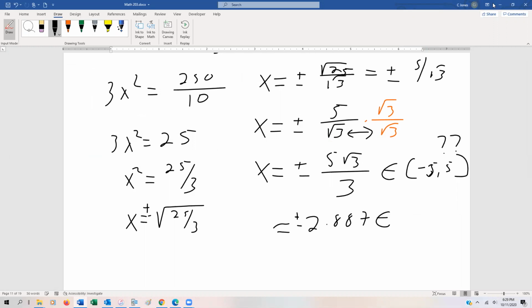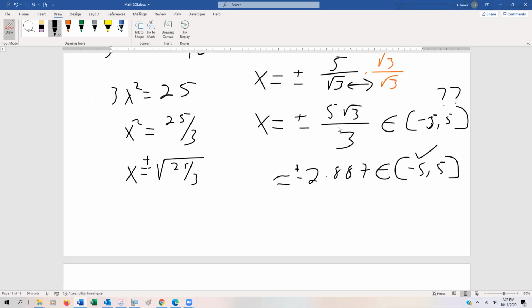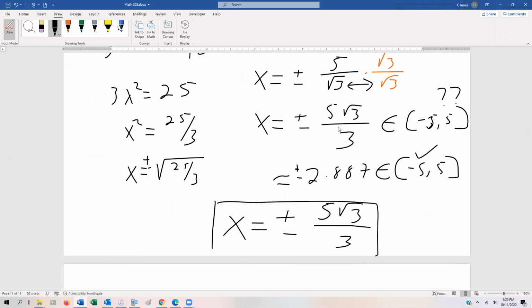And clearly both of those numbers are between -5 and 5. So that's good. So this is one where we actually get 2 solutions. And so the 2 values that are going to satisfy this are going to be plus or minus 5 roots of 3 divided by 3.